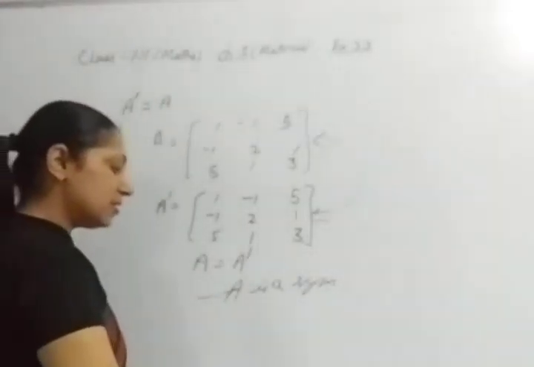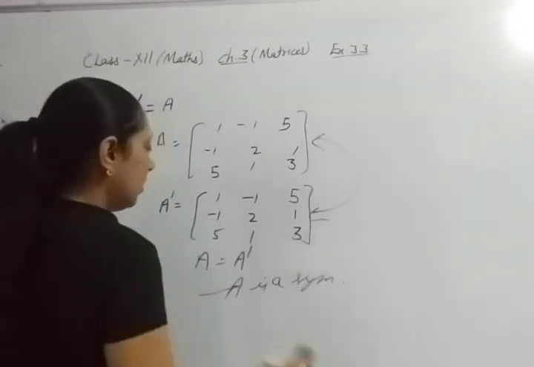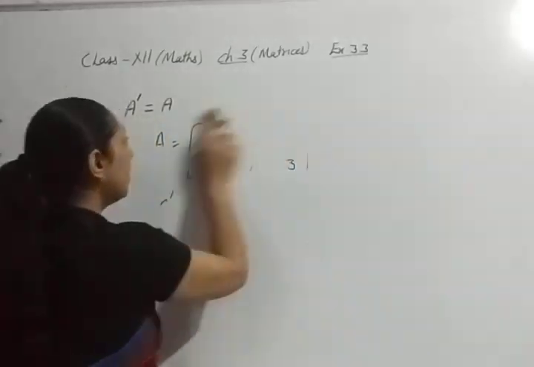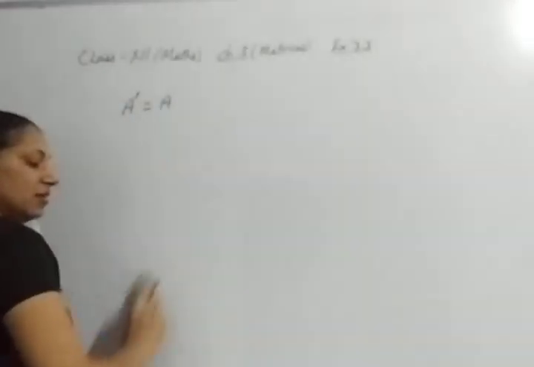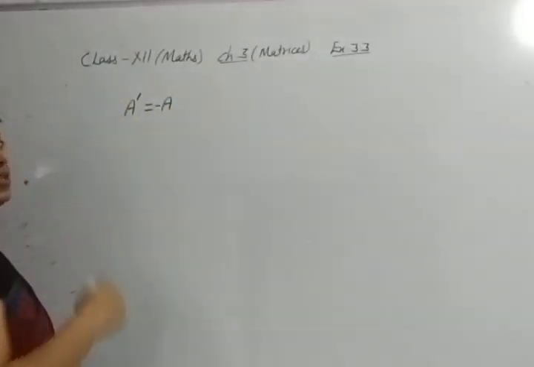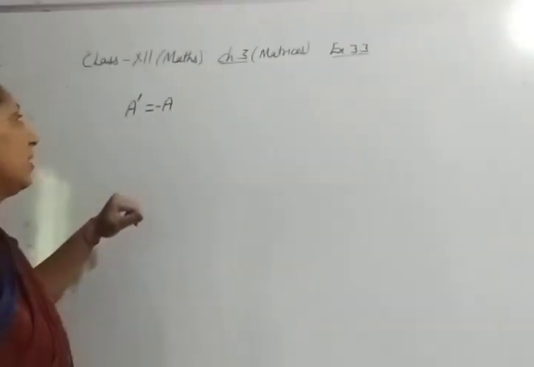Now second topic is skew symmetric matrix. If we take the transpose of a matrix, and it is equal to minus of A, then this is called a skew symmetric matrix.